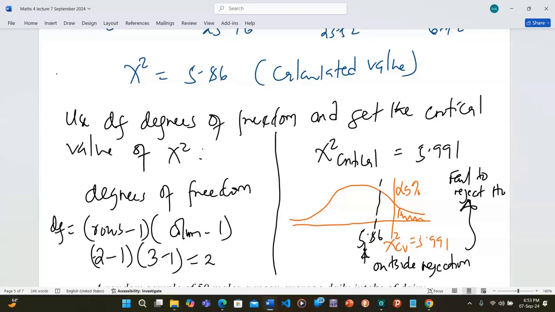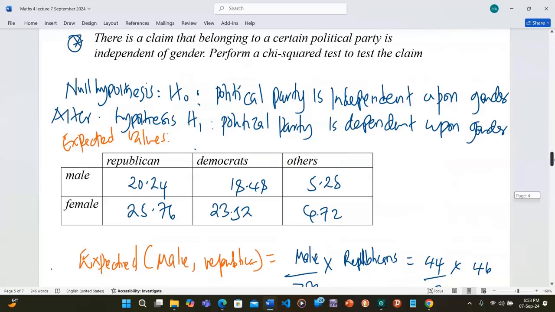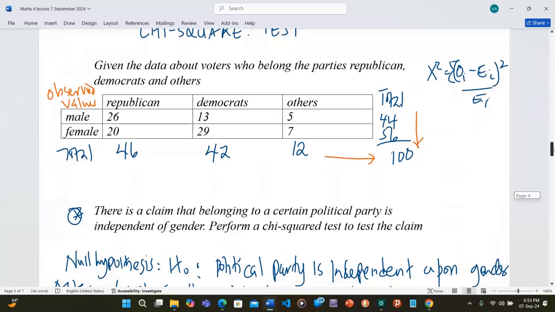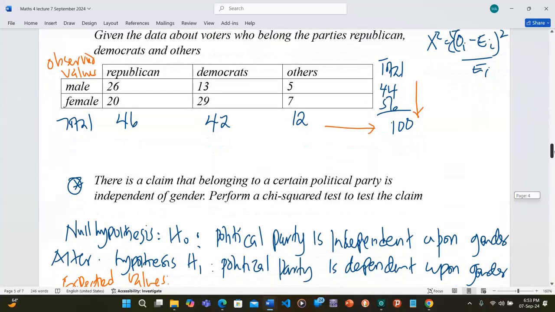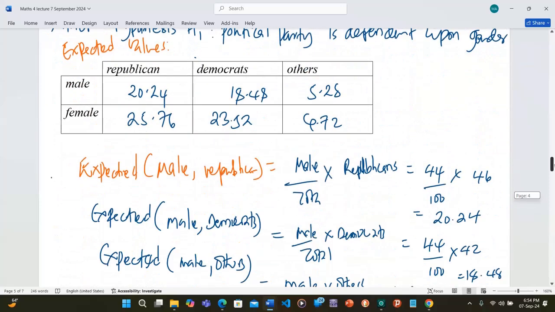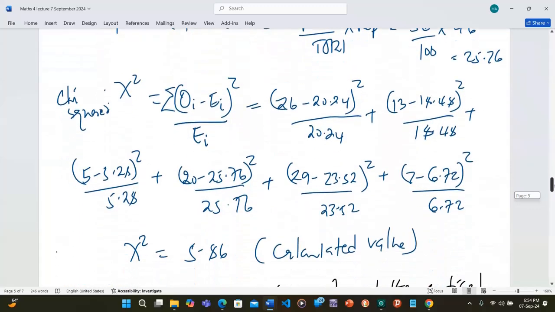So that's how we deal with any problem that has a chi-square test. This is the data that you're given. You write the null hypothesis and the alternative hypothesis. Then from there, you calculate the expected values. After getting the expected values, calculate the chi-squared value, from the sum of observed values minus expected values squared divided by expected values.